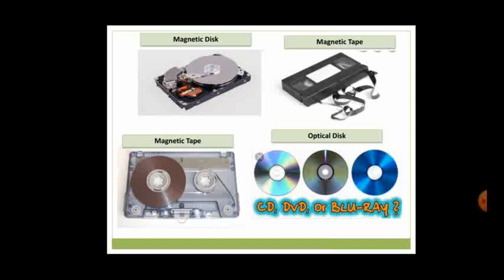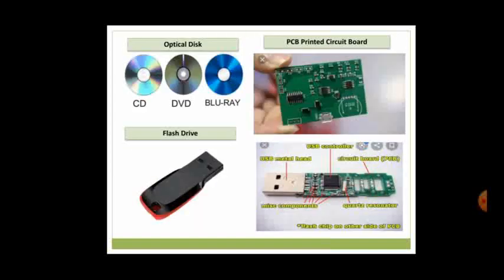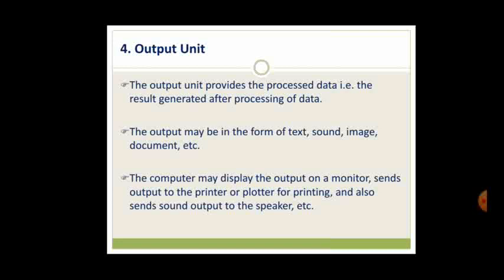VCR tape and audio cassette are two examples of magnetic tape. The next one is optical disc. Optical discs are CD, DVD and Blu-ray. The only difference between CD, DVD and Blu-ray is their storage capacity. Here you can see optical disc, printed circuit board, flash drive. Okay, so these are examples of secondary storage.